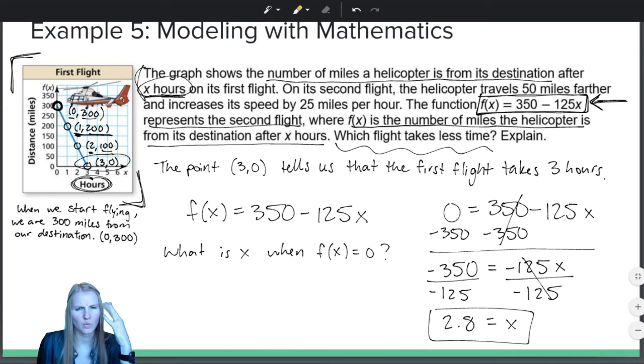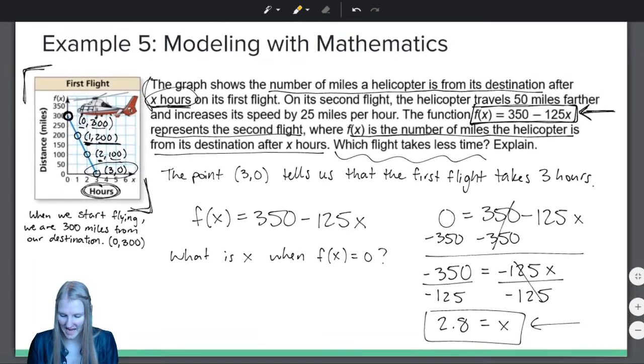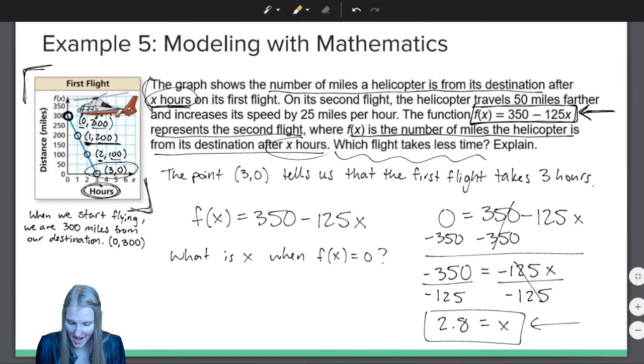Okay, and why did we care what x was? Why does it matter that x is equal to 2.8? What does that mean? Well, what was x? x is the number of hours we've been flying for. x is how long the flight takes.